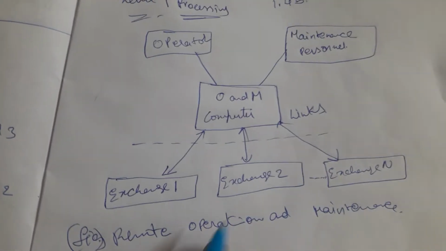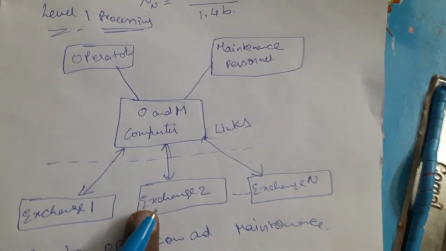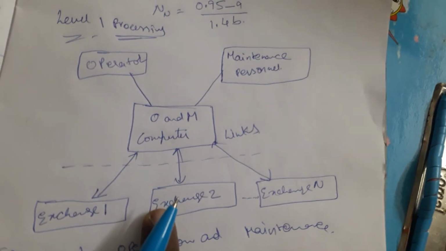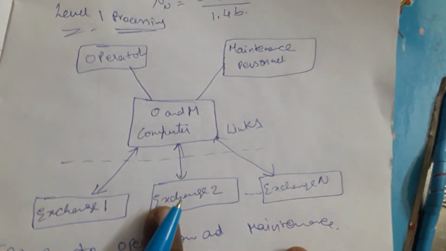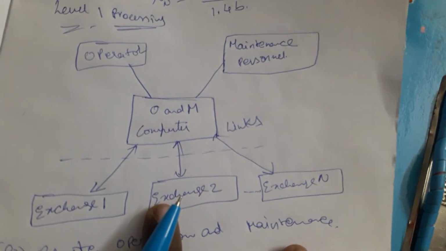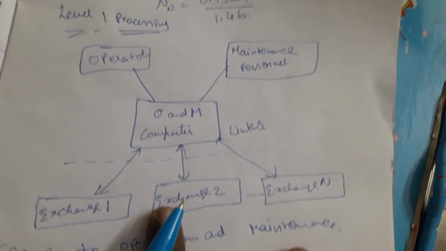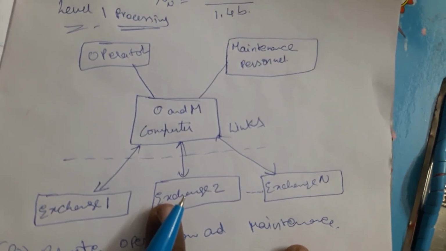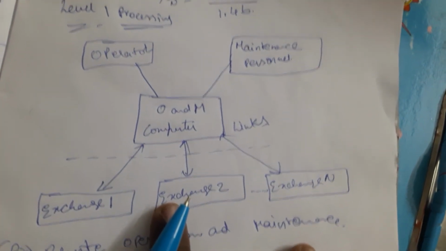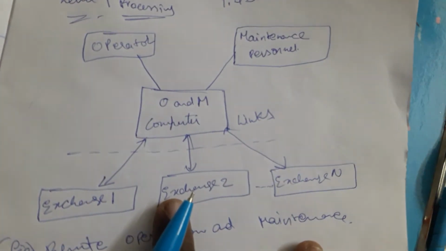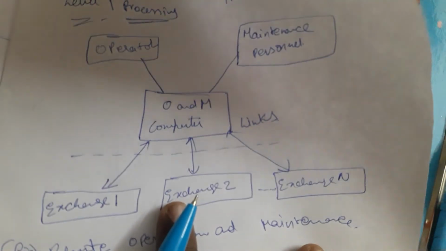These functions demand a large configuration of level 1 computer involving large disk or tape storage. The complexity and volume of software is high when compared to level 2 and 3 processing. It is common to share a single O and M computer by different local exchanges. The exchanges consist of only level 2 and level 3 processing modules at their respective locations.